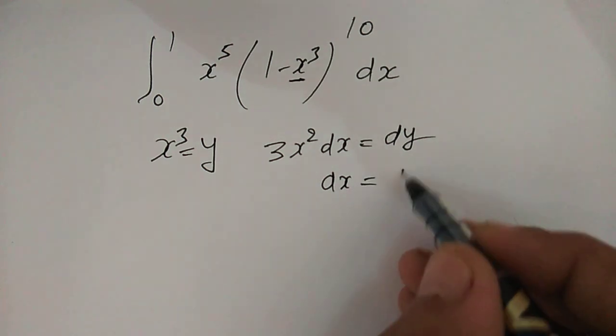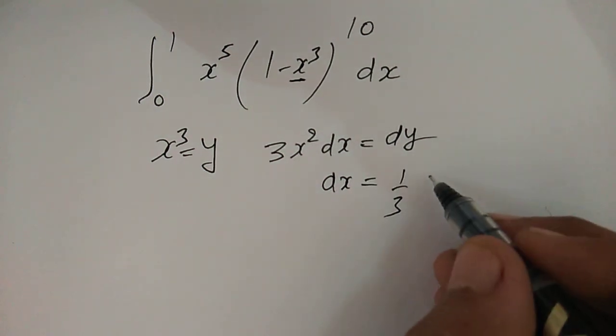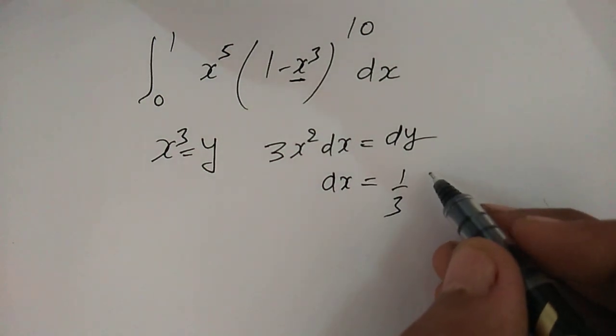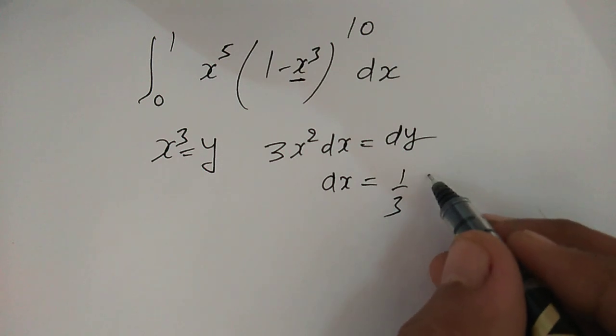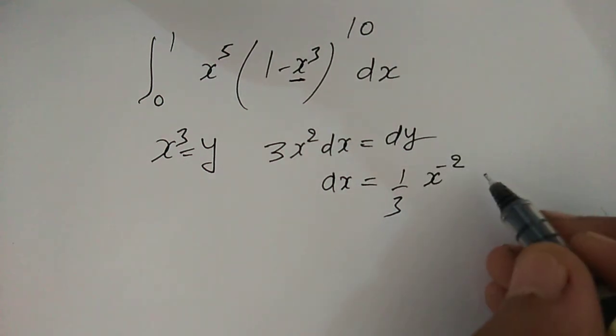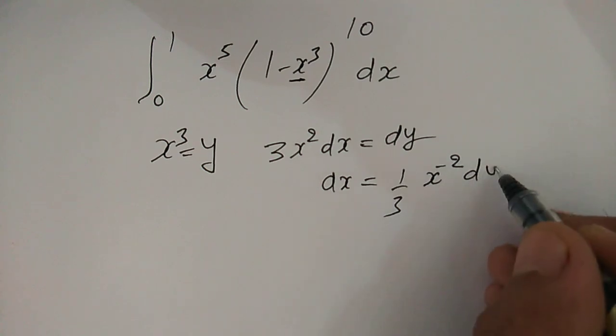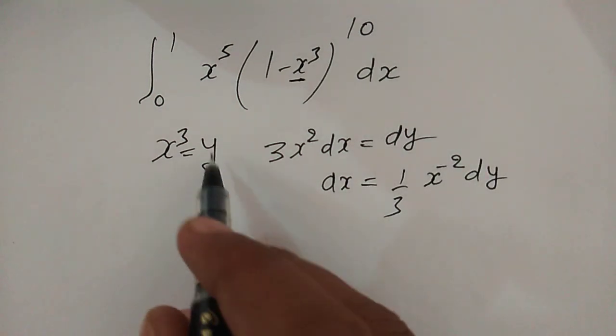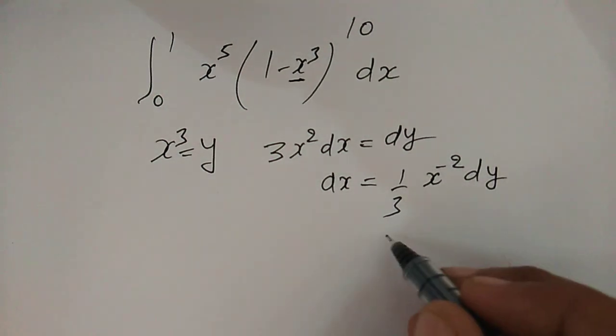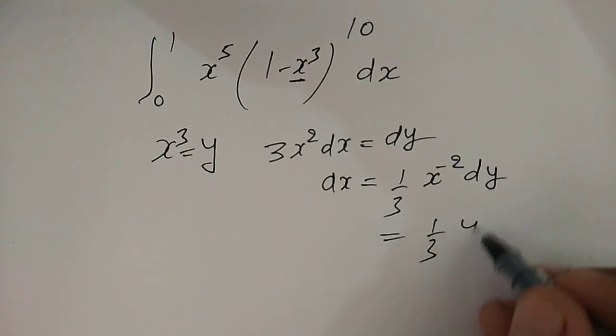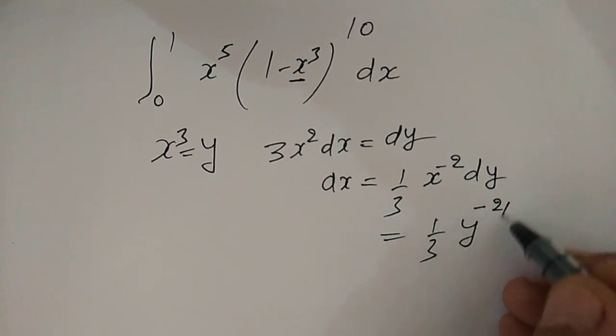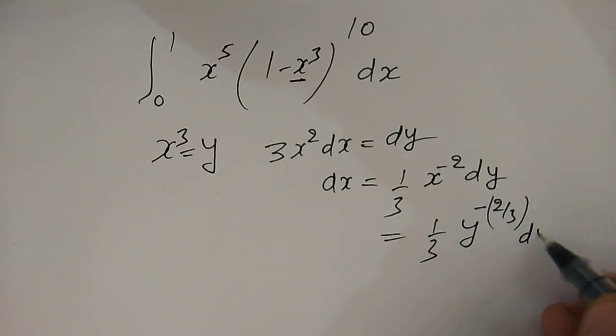So dx equal to 1 by 3 x to the power minus 2 dy, and x equal to y to the power 1 by 3, so this changes into 1 by 3 y to the power minus 2 by 3 dy.